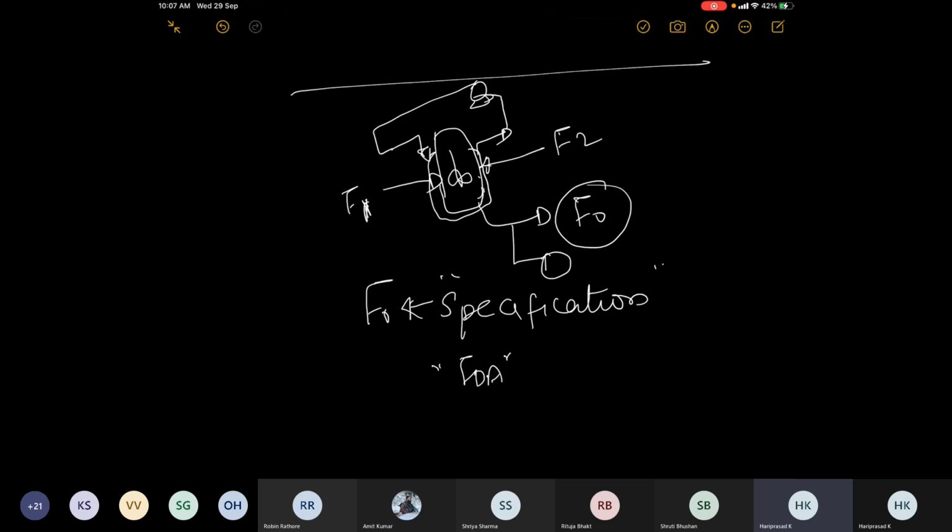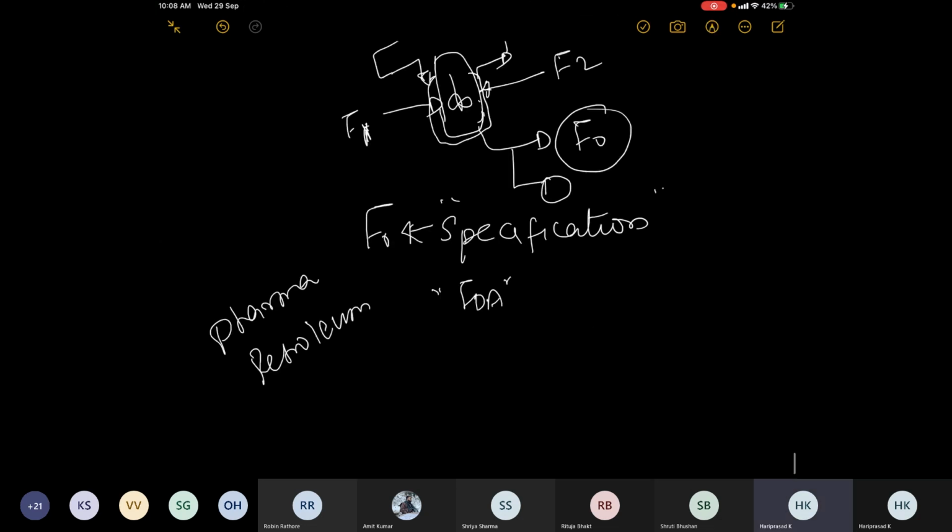Most likely, if it is pharma, petroleum, pigments, anything, the governing factor here would be the composition. So you have to check whether the outlet product has good composition. So you'll have to have an analyzer. The analyzer would analyze what the product composition is.